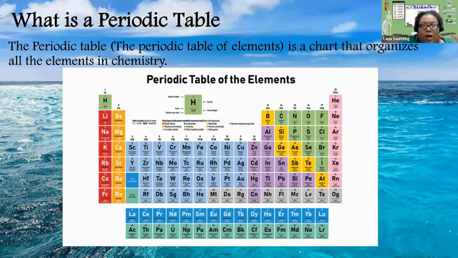All right. So when we start off studying the periodic table, the first thing we have to understand is what we call the periodic block. If you look at my screen, this is a periodic block, and it gives us some very important information about each of the elements in the periodic table.